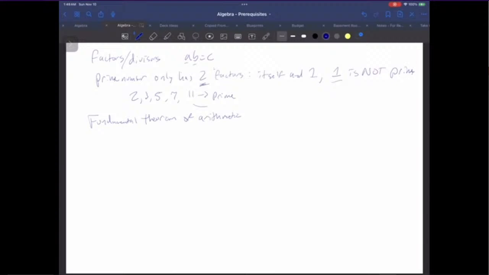For instance, the prime factorization of 24 is 2 times 2 times 2 times 3, or 2 to the 3 times 3. That's the only way you can write 24 as part of its factors.